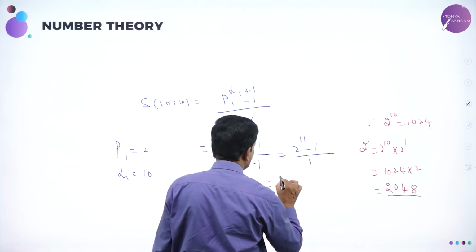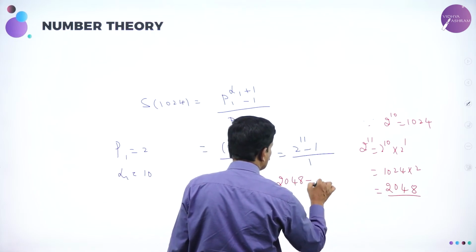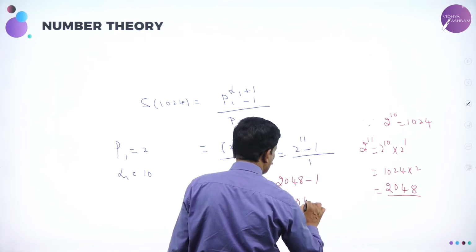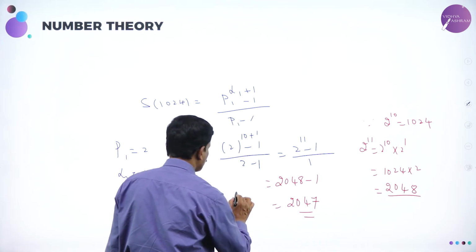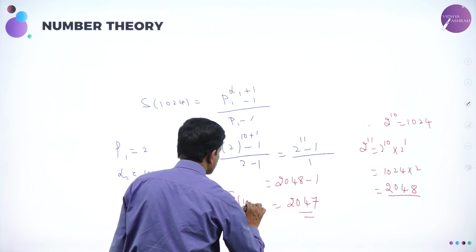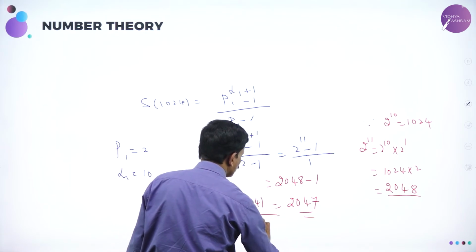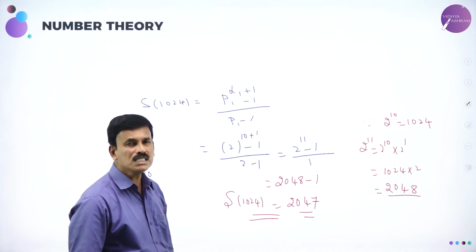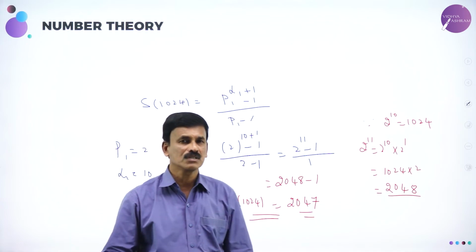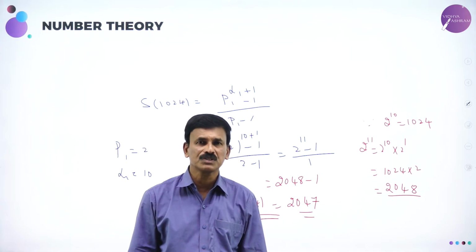So this is equal to 2048 minus 1, which is 2047. Therefore, the sum of all positive divisors of 1024 is 2047. Okay, very simple and important.